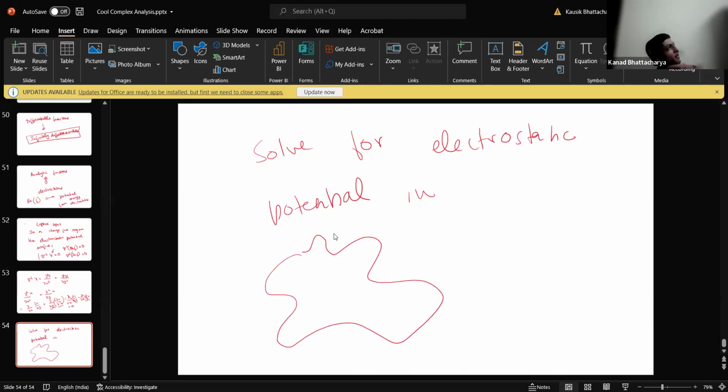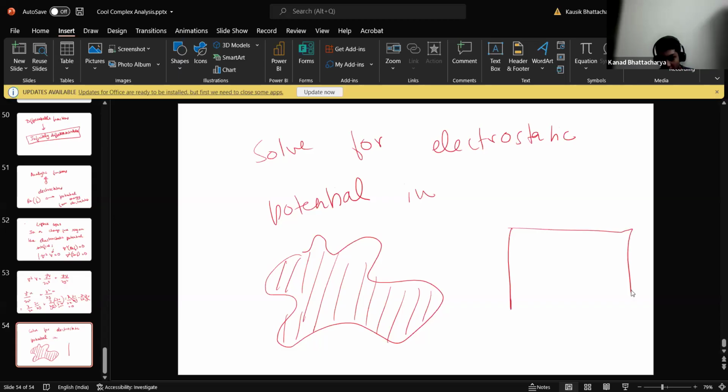Okay, we assume that the z derivative is equal to 0, so there are some subtleties in this. Let's say we want to solve the electrostatic potential in the case of some weird geometry like this. What we can do is solve it for a nice geometry like a rectangle and map it onto this using these analytic functions.